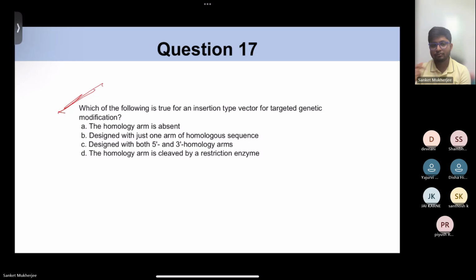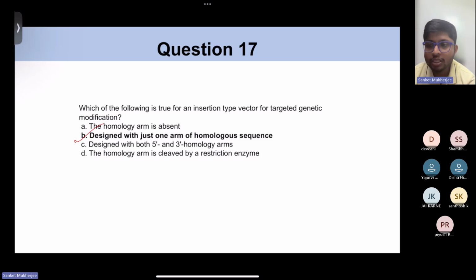Option B. You are right. Designed with just one arm of the homologous sequence. So that's how insertion type vectors are created.